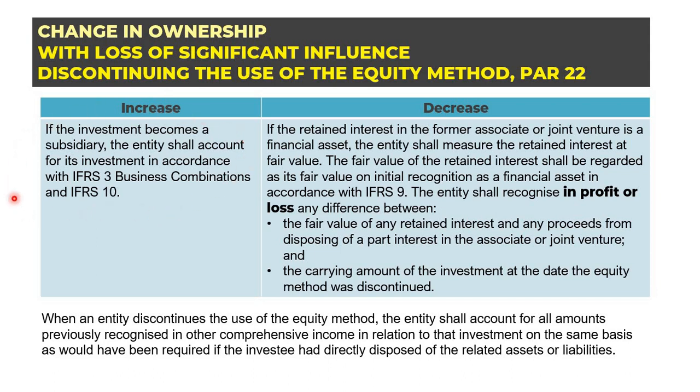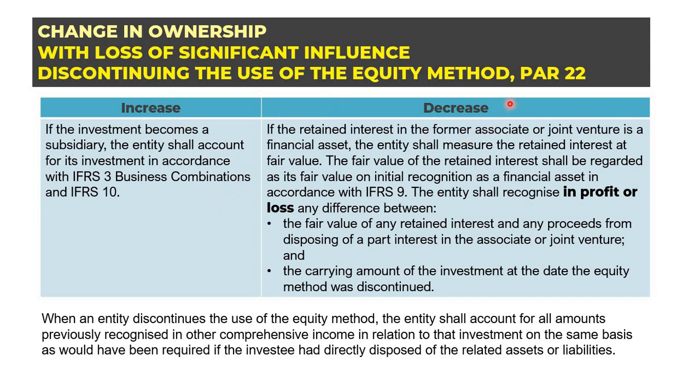So, this increase in ownership resulted in a loss of significant influence but gained control. This is what we call control achieved in stages, which is basically similar to the concept of significant influence achieved in stages, wherein we obtained significant influence or control as the result of several acquisitions of ownership from the investee. So, what about when there is a decrease?